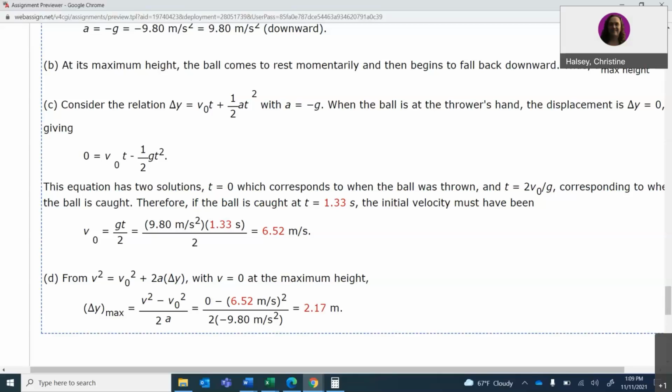If it's caught at 1.33 seconds, then we just solve for the initial velocity. Acceleration times time divided by 2, 1/2 at squared. It's that same formula. It's just the way they write it.